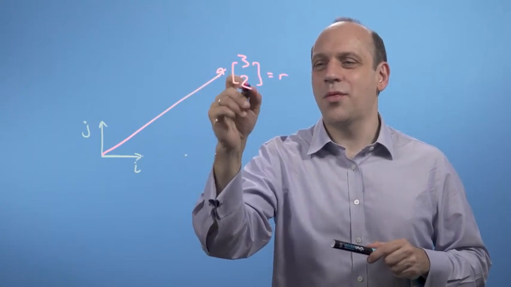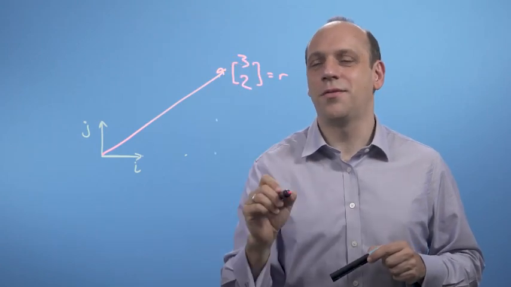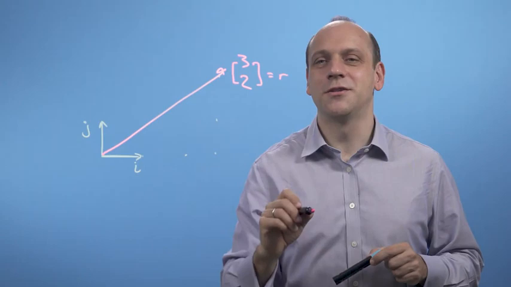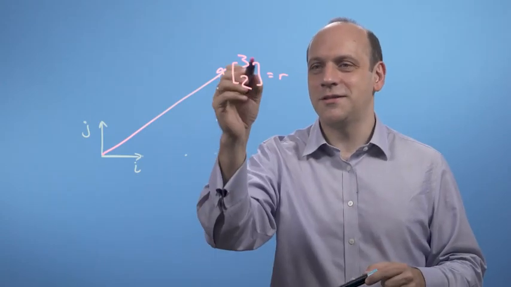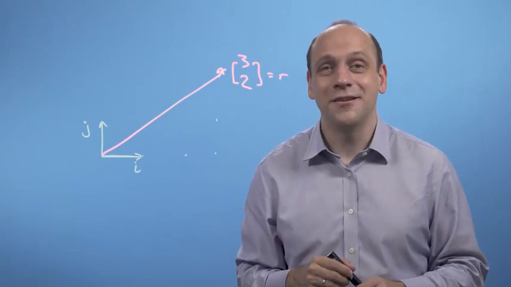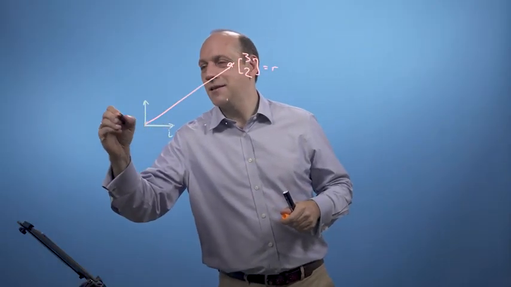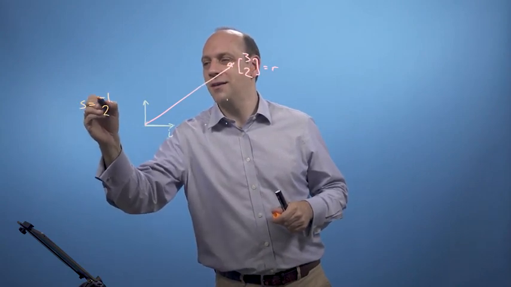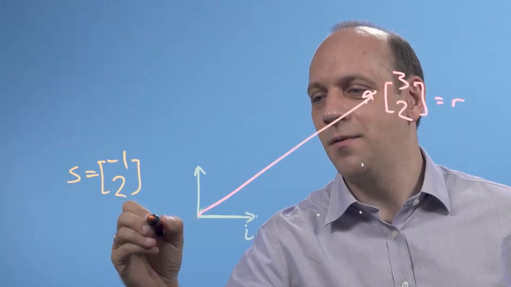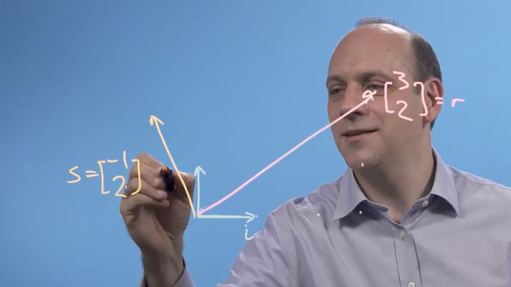And what we mean in the 3 2 is do 3 i's added together, or a scalar multiple of 3 i's, and then do a scalar multiple of 2 j's as a vector sum. And that's what we mean by a coordinate system and defining r as being 3 2. So then if I have another vector s, let's say s is equal to minus 1 i and 2 j's. That is, it takes us back 1 i and up 2 j's, so that's s.